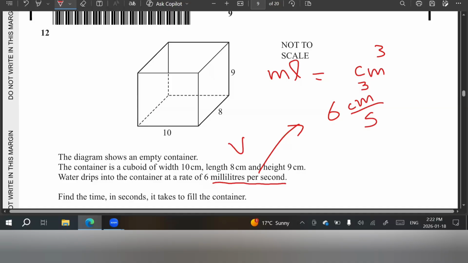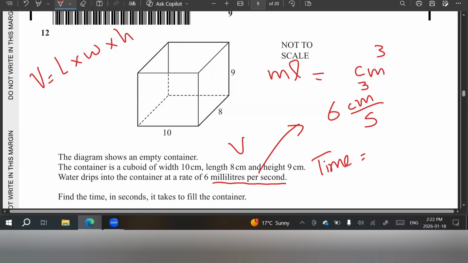Once you know this, you can calculate the volume. The volume is equal to the length multiplied by the width multiplied by the height. You know the rate, so you can find the time taken to fill that container.